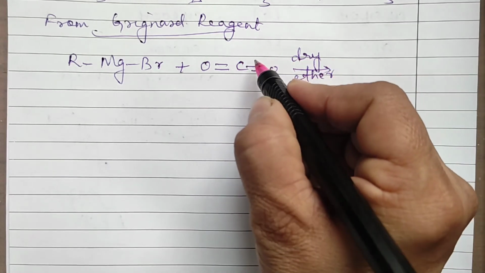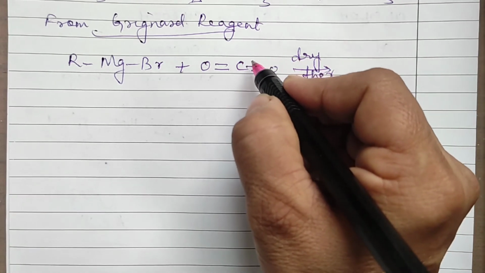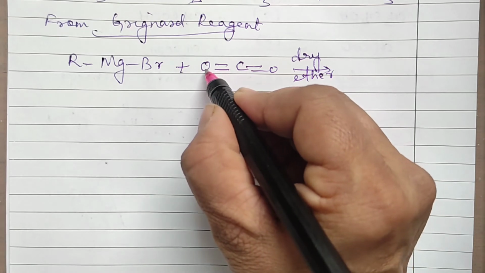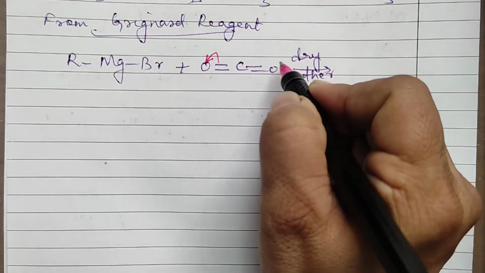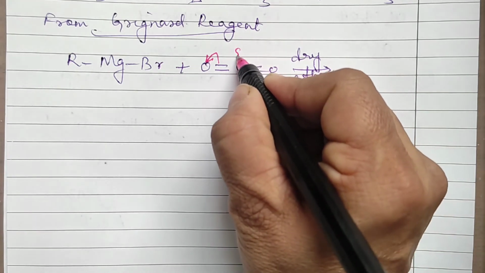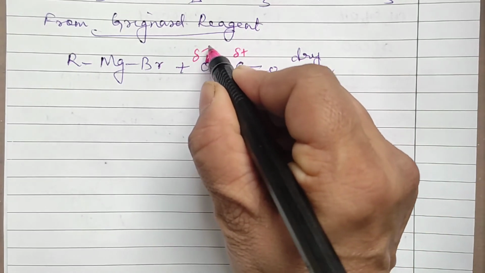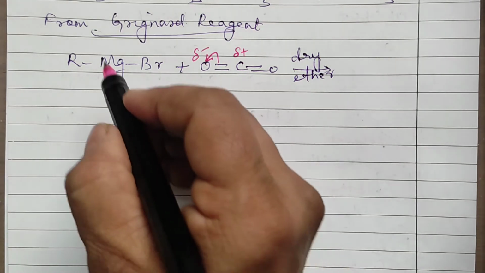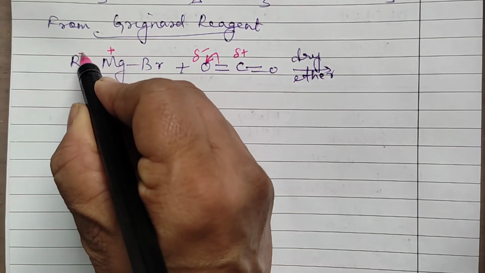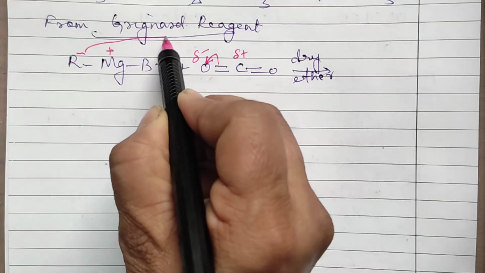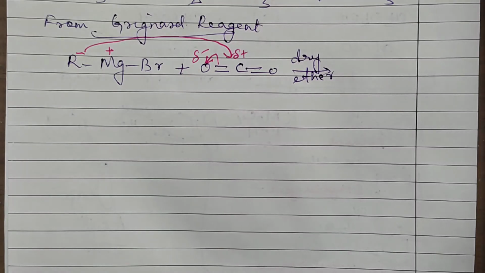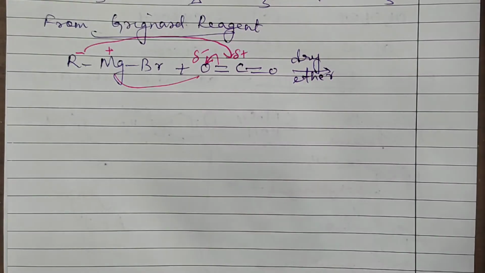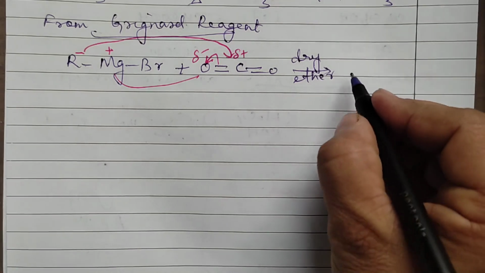How it will be adding on, you know that oxygen is more electronegative, so this being more electronegative will pull here, any one side you can write, right? So carbon will get partial positive and oxygen will get a partial negative charge. So this R will be attacking the carbon and this Mg will be attacking this O.